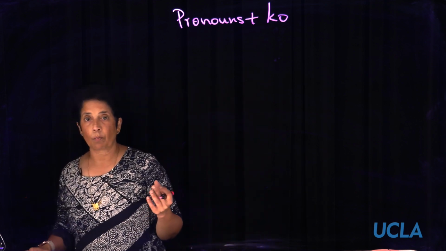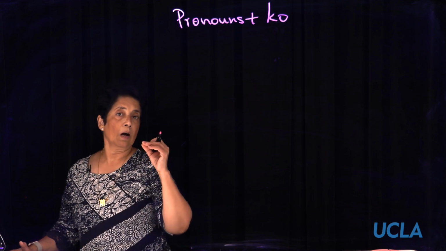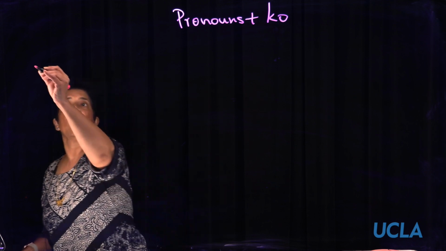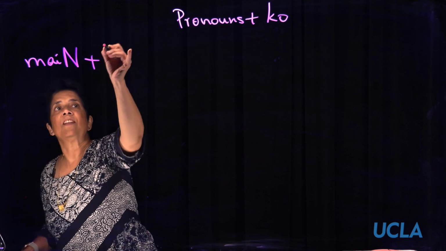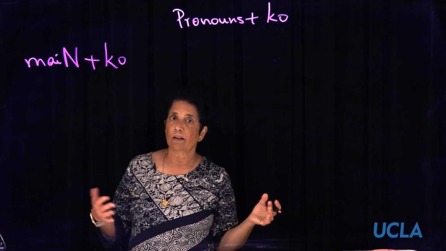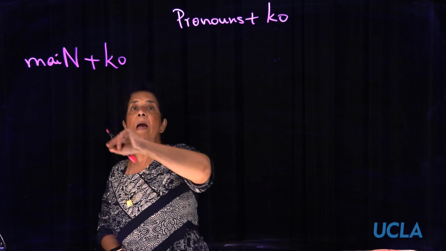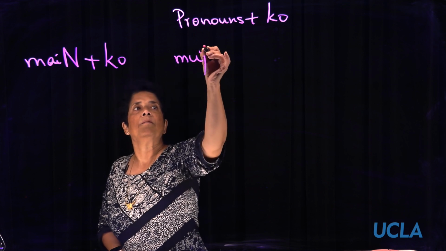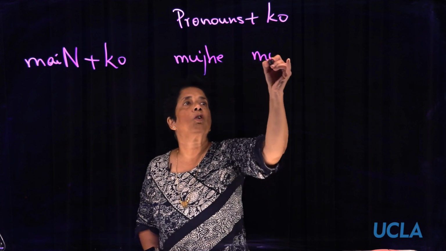Similar to English, whether John saw me or John gave the book to me, similarly in Hindi-Urdu also, when you have your pronouns and you attach a ko, the form that you get is the same regardless of the meaning. Okay? So, मैं plus ko gives you mujhe, or you can get mujhko.